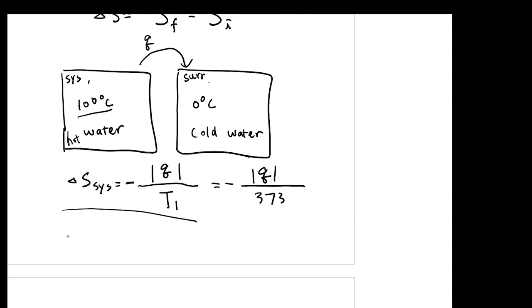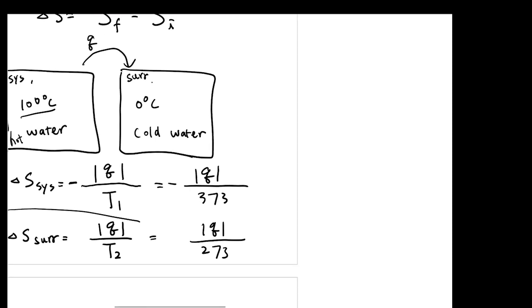Then the delta S of your surroundings is going to equal, since Q goes into the surroundings, positive Q, divided by the temperature of your surroundings, which is T2. 0 degrees C is 273 K. So that is your delta S surrounding.